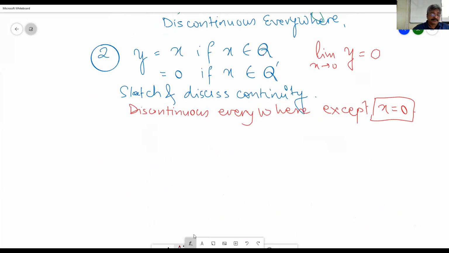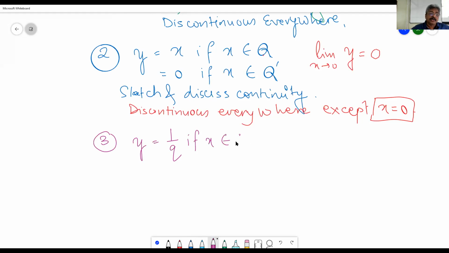Now, the third version of this problem is y is equal to 1 upon q if x belongs to the rational numbers and x is equal to p by q, where p, q are coprime, q is greater than 0 and q is an integer.